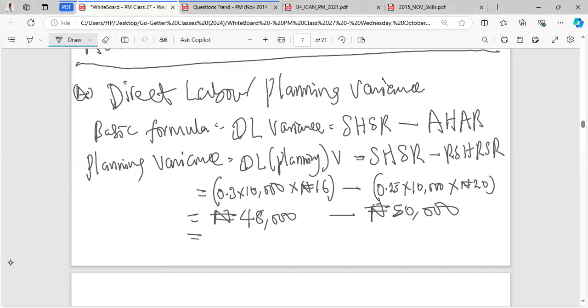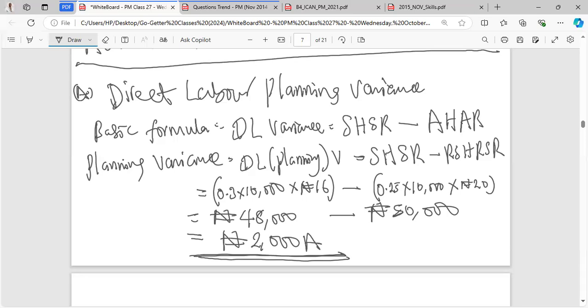So it means that your planning variance is 2,000 adverse. So your planning variance should always be adverse. That is because there is a problem with the budget, and because of that, it makes you as if you're having inefficiency of up to 2,000 naira.